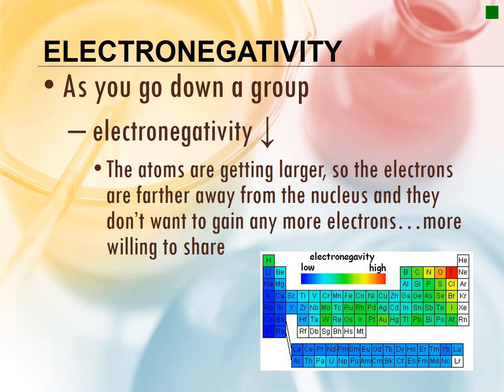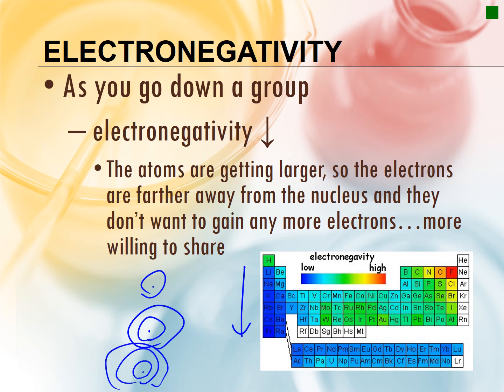So when you go down a group or family, what happens is, remember, you're adding these energy levels. So we'll just focus on a few. And when you add energy levels, these outside or valence electrons become less attracted to the nucleus. In addition, when you're far out and these electrons aren't as attracted to the nucleus, they aren't going to be attracting any more electrons.